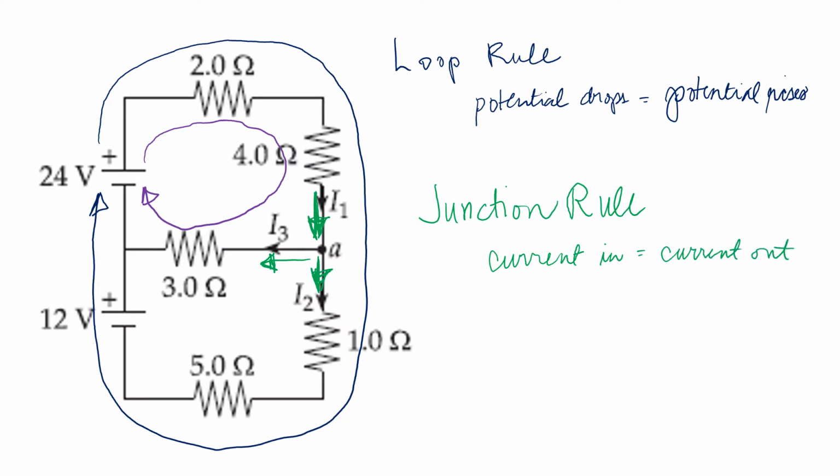These 2 rules will allow us to design a system of equations, and from that system of equations we can solve this circuit and talk about the different parts of it.